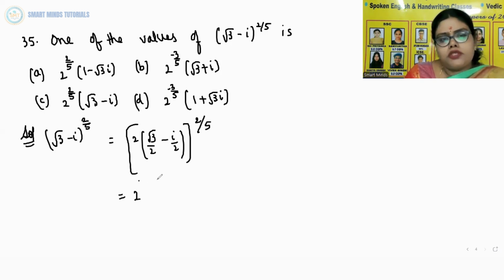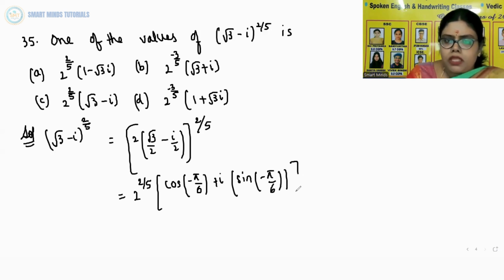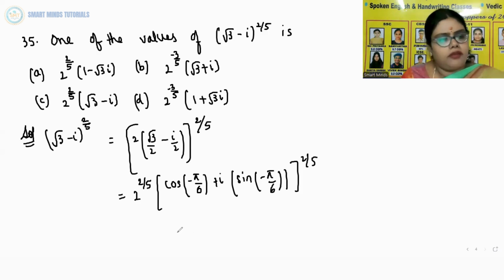So that becomes 2^(2/5) into, now √3/2 we can write as cos(−π/6) plus i into −1/2 can be written as sin(−π/6), whole power 2/5.